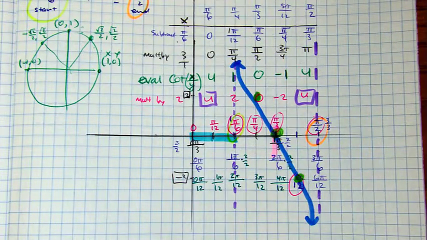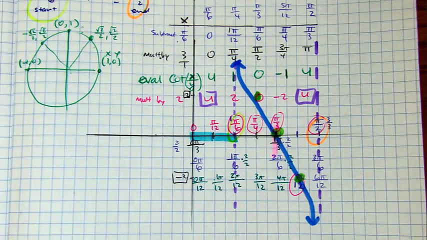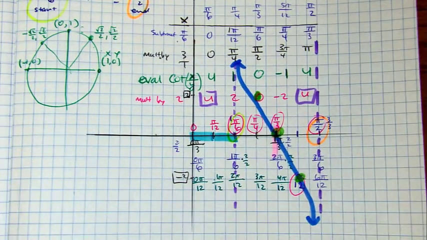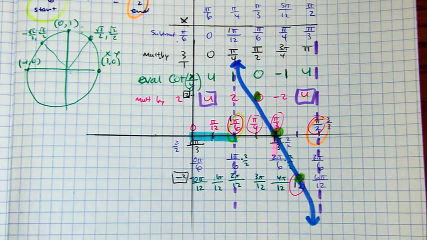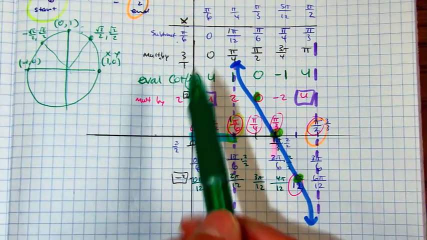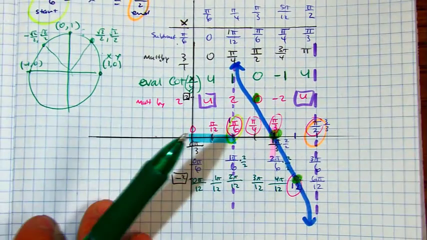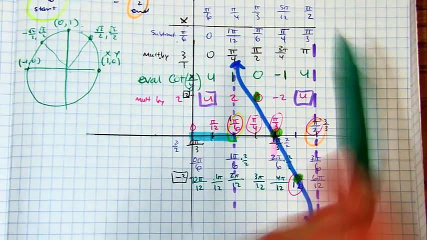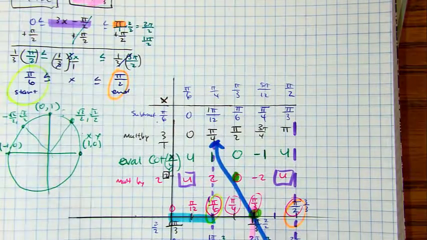I just want to show you guys one more time something. If you choose not to use my method of using the table of values, this is what it would look like. And you would essentially just do what you're doing right here. Let's just say I pick pi over 2.